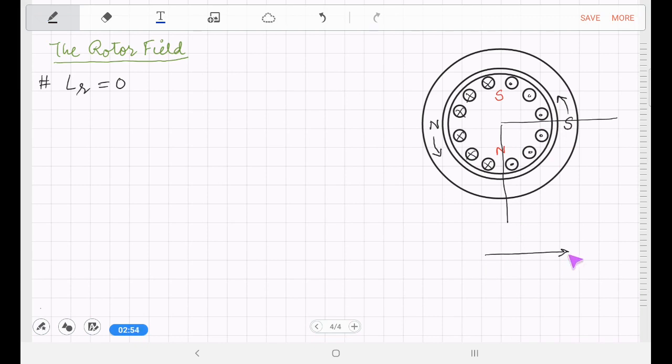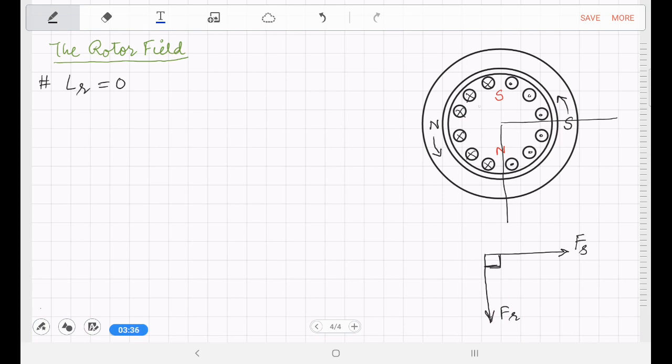The stator field MMF can be represented by a vector, known as a space vector, along the axis of the field, and the rotor field can be represented by a vector along the axis of the rotor field. This is F_S, and here we have F_R. Therefore, there will be a relative angle of 90 degrees between the two fields.